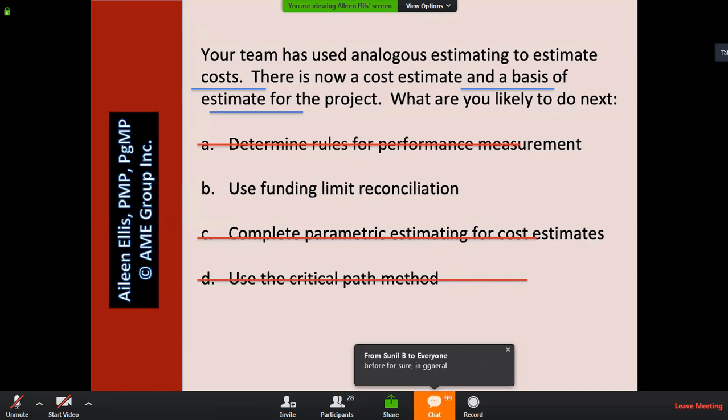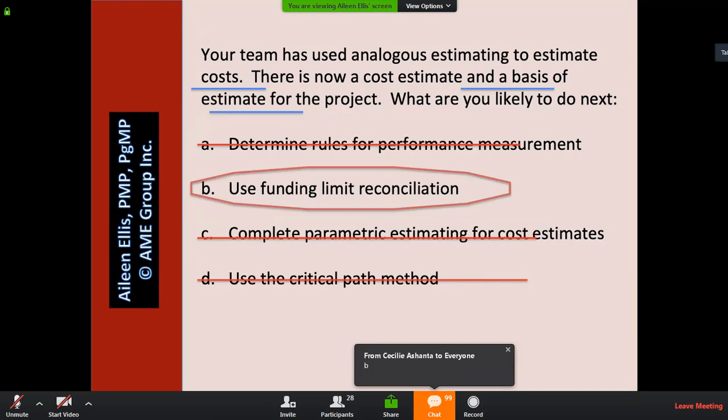So what's the only answer here that relates to what we do after we estimate costs? It's answer B. So I gave you a longer time to think about this because most of you got the question wrong. Okay. Any comments on this one before we move on?